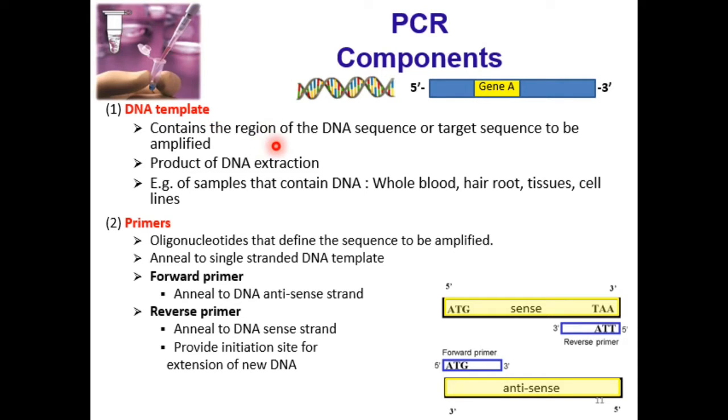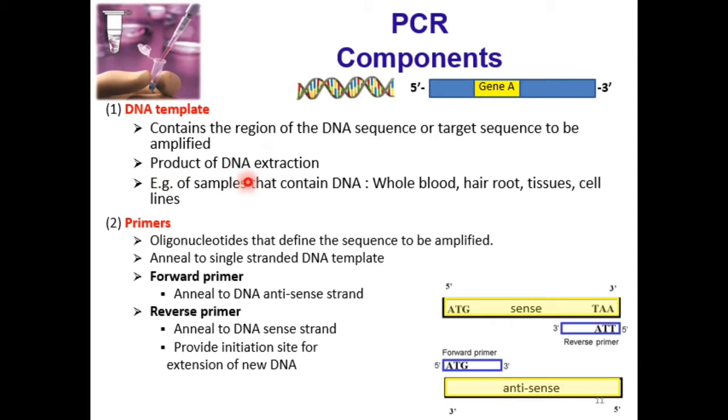This is of course the region of the DNA sequence, the target sequence that we are interested in, that we want to do our research on. We want to amplify it. The PCR is going to amplify this DNA target.